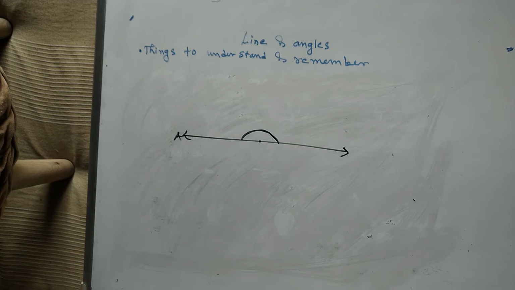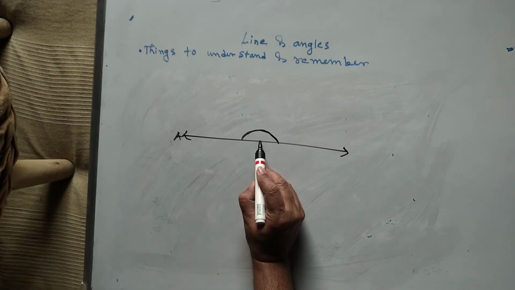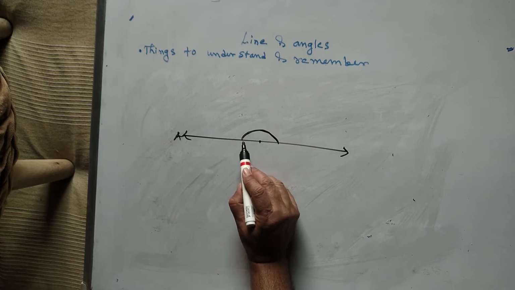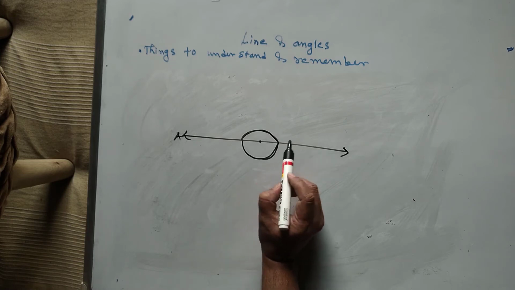The sum of all the angles at a vertex is 360 degrees.